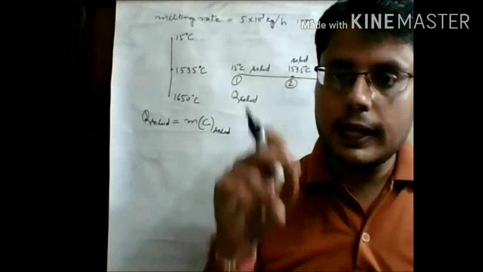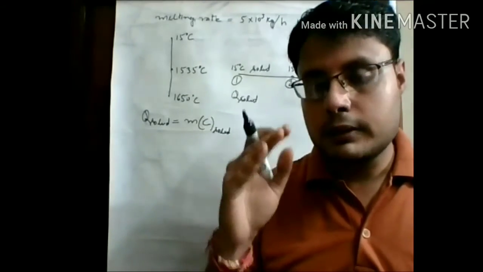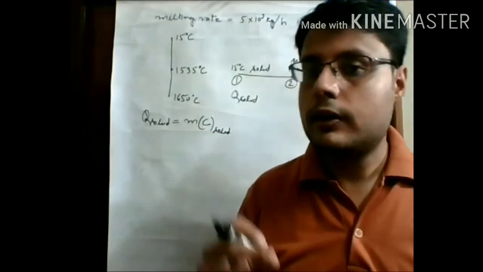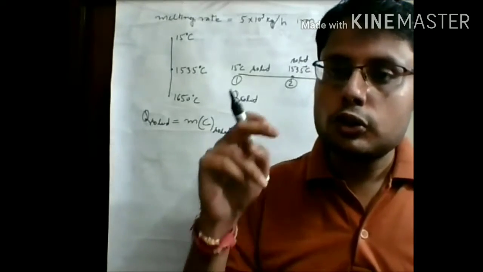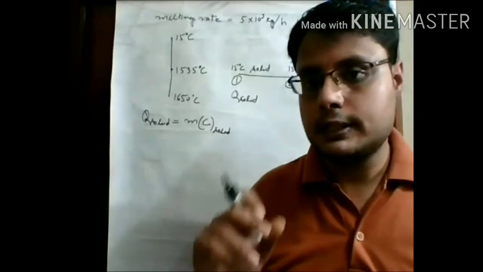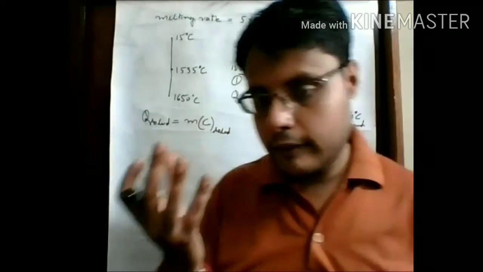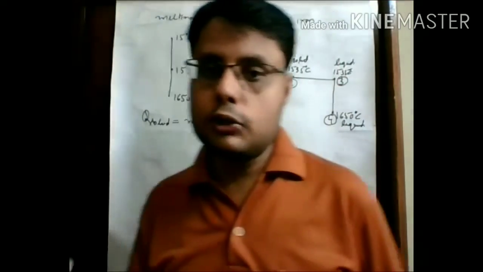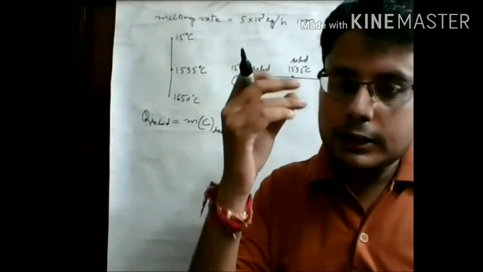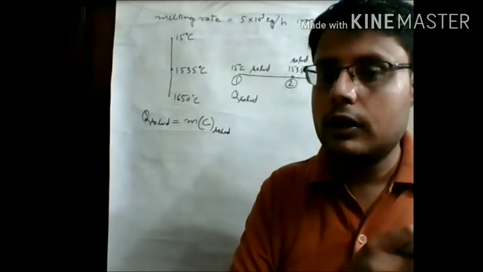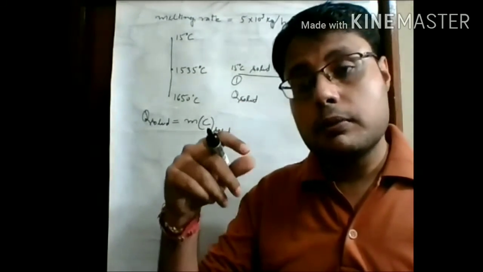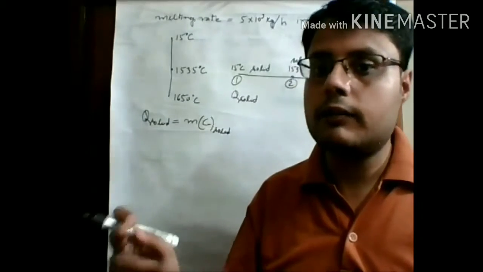So for the same substance, specific heat may be different, because it depends upon solid, liquid, or gaseous state. Specific heat of iron in a solid state is different compared to the specific heat of iron in a liquid state.